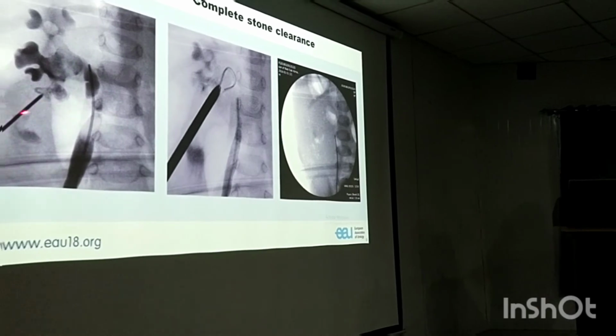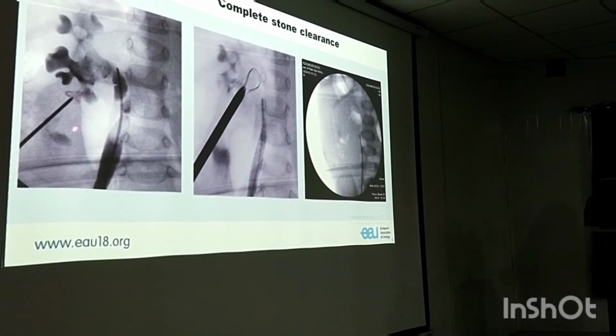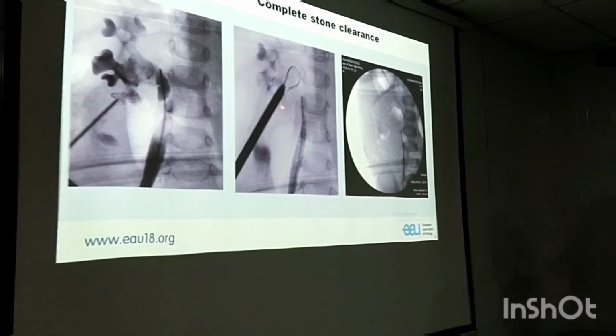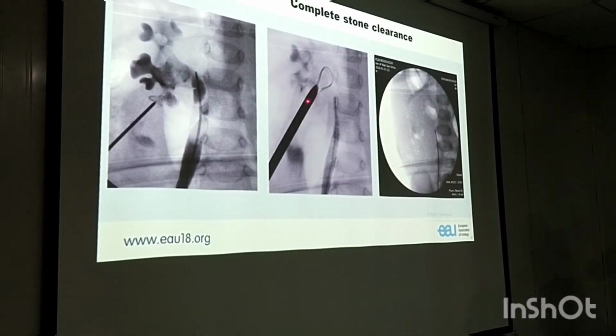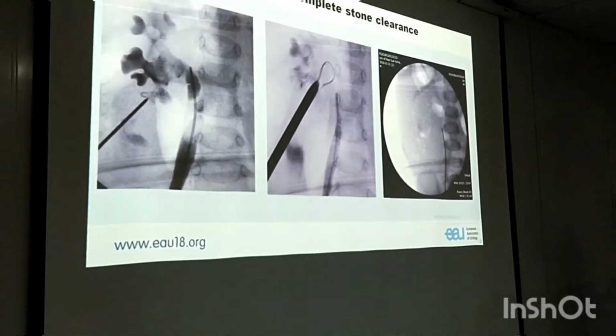Initially under fluoroscope guidance we approached through the LP needle. Once we are in the calicial system, we introduce the guide wire through this LP needle, and the LP needle is removed. Over single step dilatation, we introduce initially the metallic dilator, then the sheath is introduced. This is the final picture, with the ureteric catheter, showing complete removal of the stone.